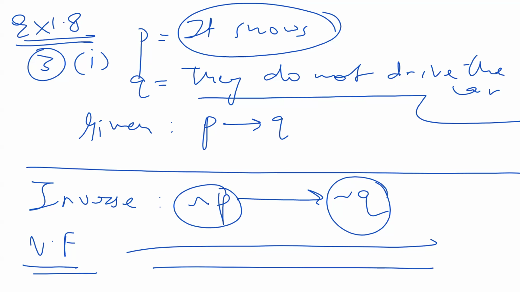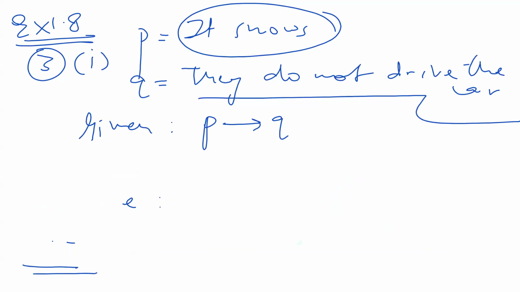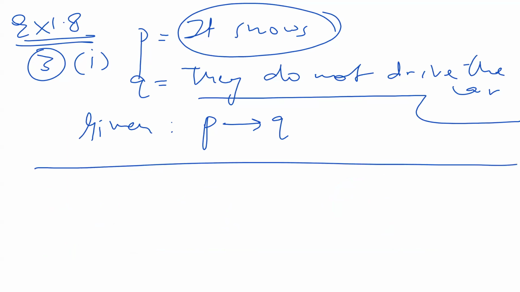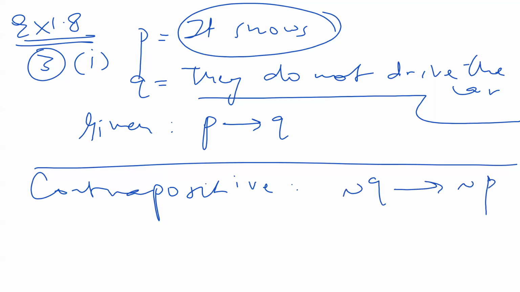Last one, contrapositive. Negation Q implication negation P. Someone tell me the verbal form.